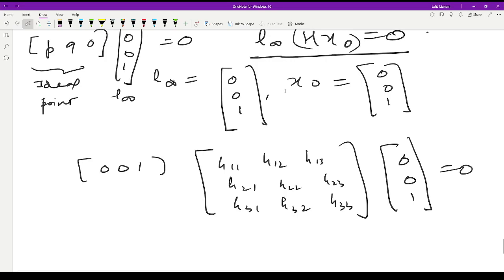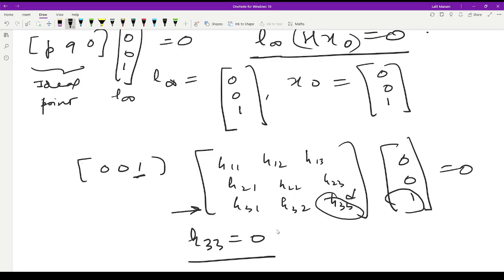What does it lead to? It leads to h33 equals 0, right? This one picks up the last row, and this one picks up the last column in the last row, which leads us to h33 equals 0. So do you think you can solve it? No, sir.